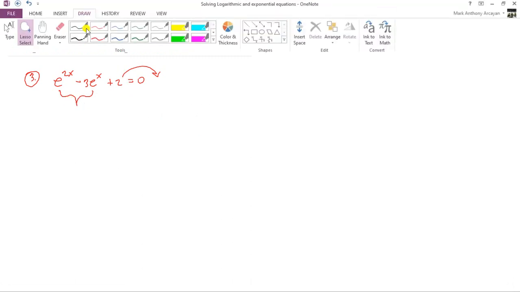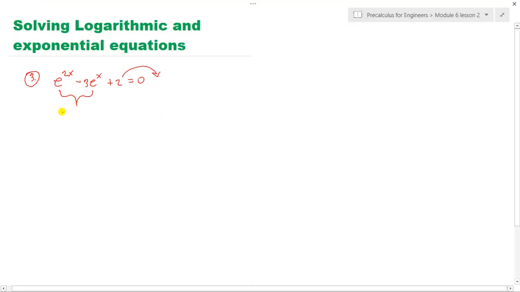So, as you can see right here, class, let y is equals to e raised to x. Now, if we square both sides, y squared is equals to e raised to x multiplied by 2, that is e raised to 2x.